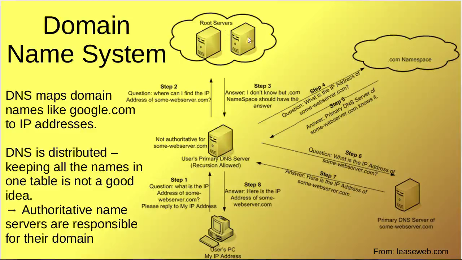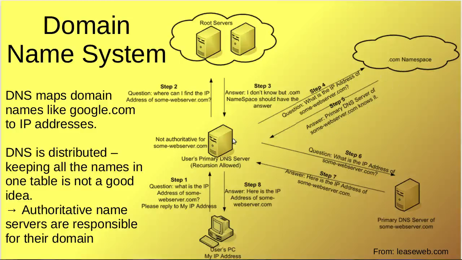These root servers might say, I don't know, but .com should have the answer, and then that request gets sent to the .com server, top level domain server, with the question, what is the IP address of somewebserver.com? The servers at .com namespace will say, well, here is the primary DNS server of somewebserver.com, and so you should ask there.